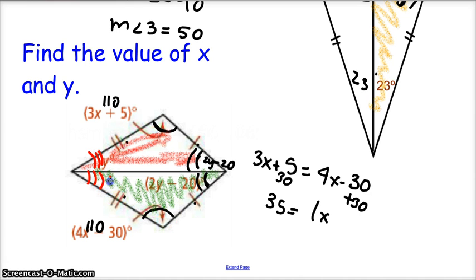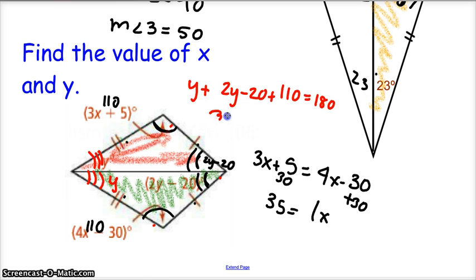So this angle must also be angle y. So you can look either in the red triangle or in the green one, but I have a y. I have the 2y minus 20, and that 110 we found equals 180. Or if you want to, add up all four and set them equal to 360, but I think that's a little bit more work.